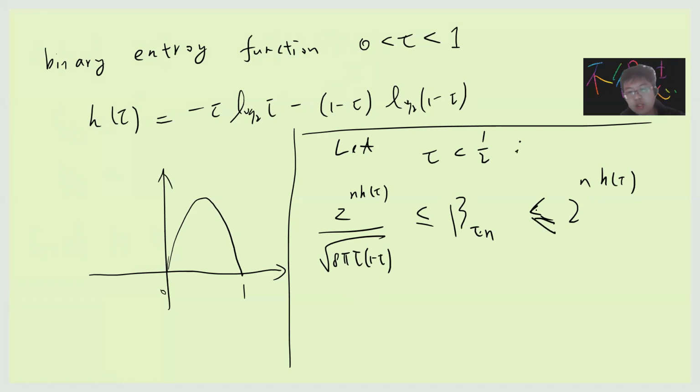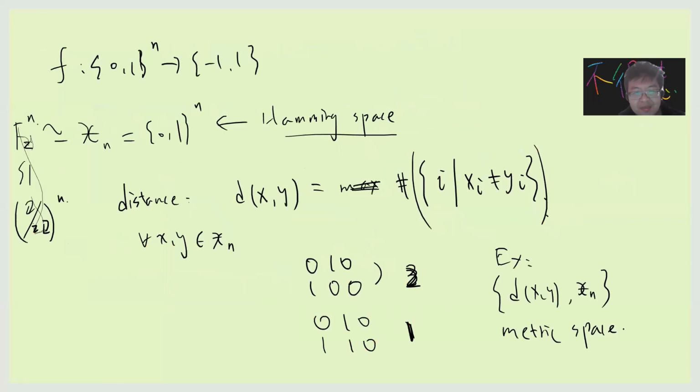So basically, the volume of the ball of radius tau n in the Hamming space is bounded by these quantities. This is the interesting thing that I want to compute.